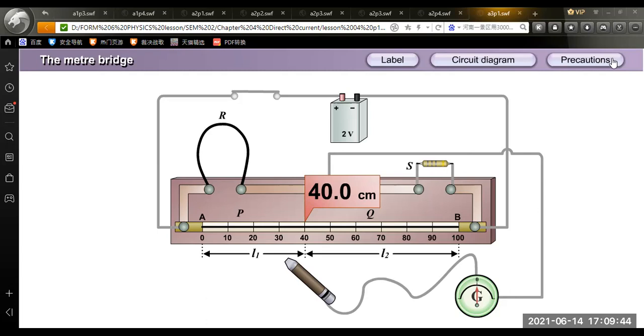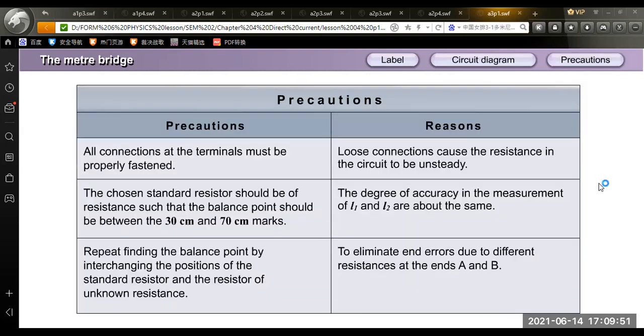In this experiment, what are the precautions? First, all connections at the terminal must be properly fastened.